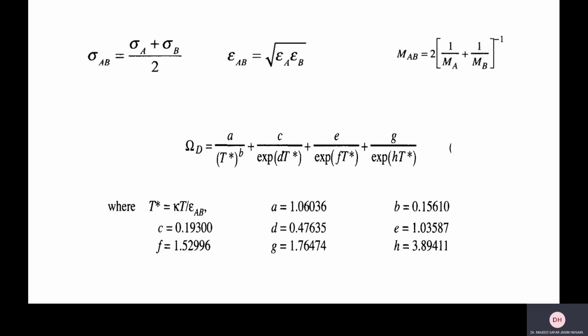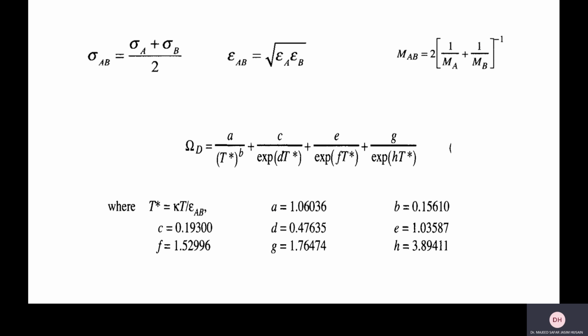So the constants are given to you. The only thing you have to find is the T star. T star is K multiplied by T divided by the epsilon. The temperature of your system you have, so it's only the ratio of K over epsilon AB.